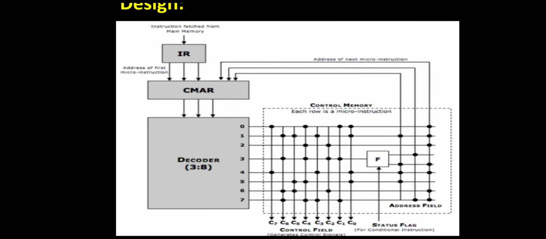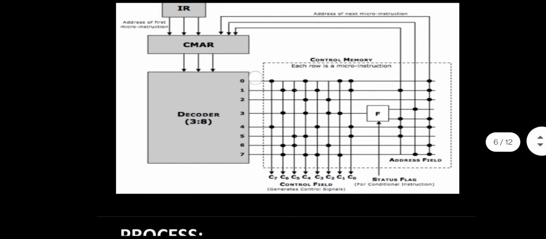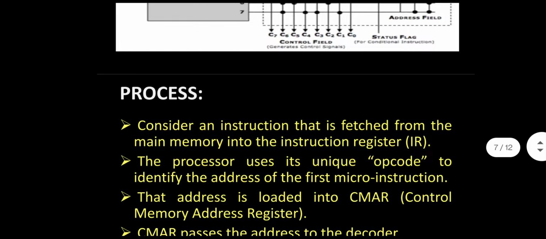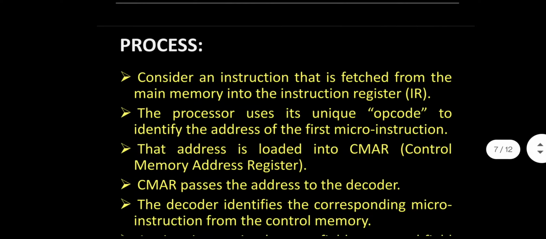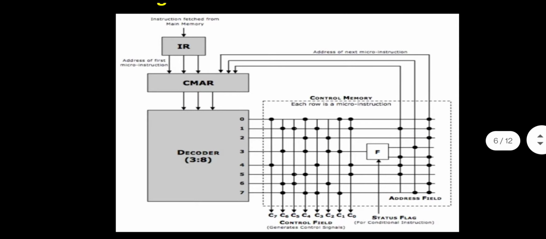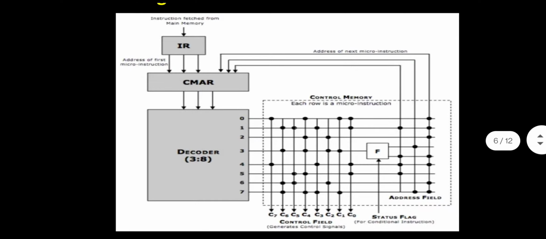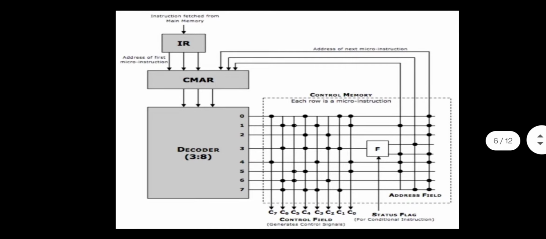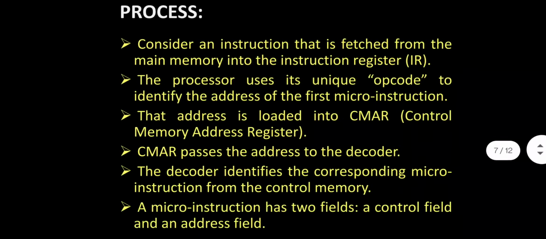For the first address, the microinstruction uses its own opcode to pass the address to CMAR. As I said, the processor uses its own opcode to identify the address for the first microinstruction. The address is located in the CMAR, that is the control memory address register. Here, the address is located using its own opcode.